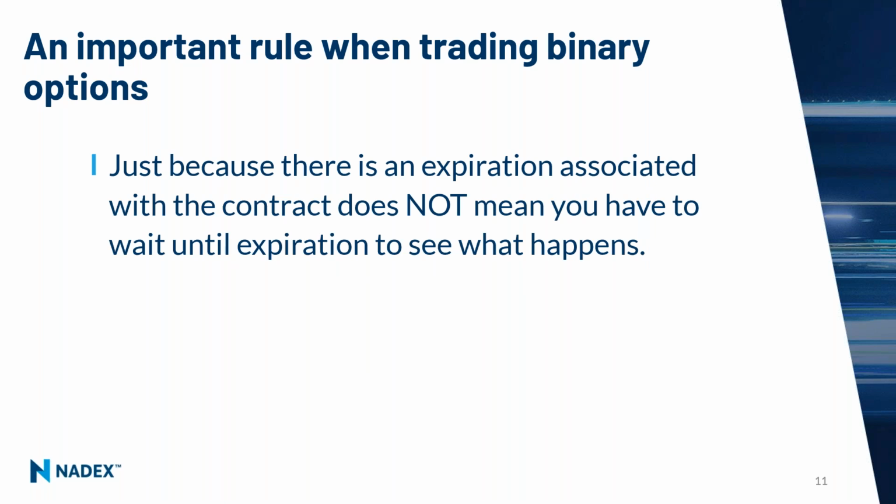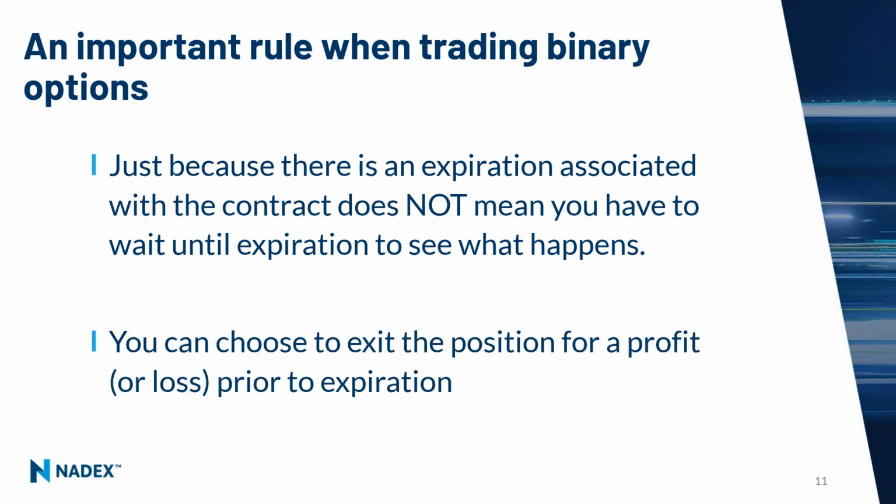That is so important, I'm going to say it again. Just because there's an expiration does not mean you have to wait and see. You can choose to close a position early. At other providers, you are not allowed to necessarily do that. At Nadex, you can close a position early.